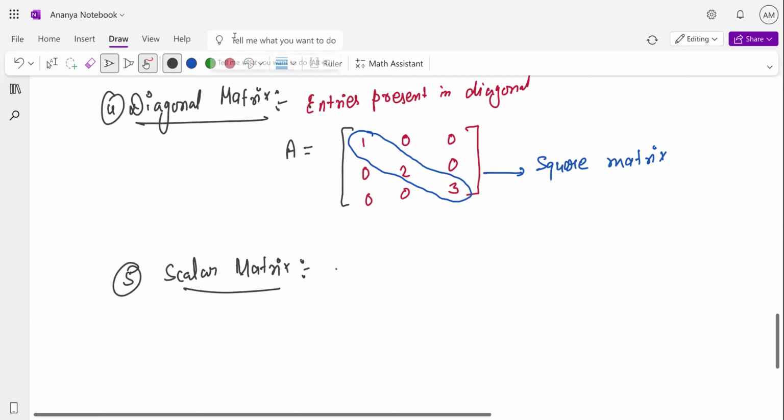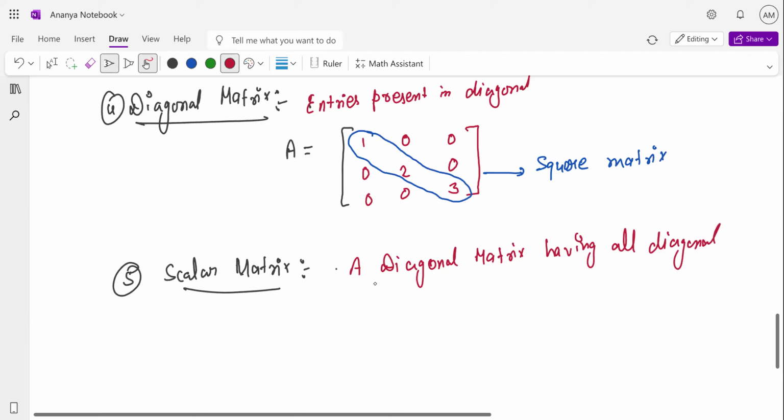Here, a scalar matrix is a diagonal matrix having all diagonal entries equal.